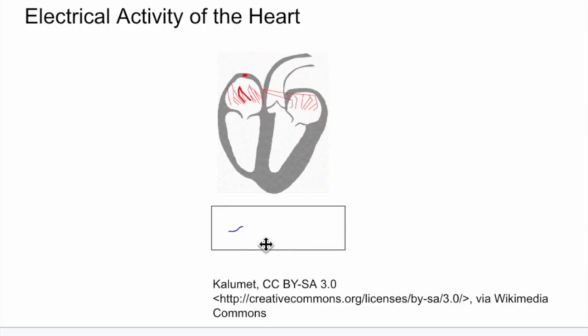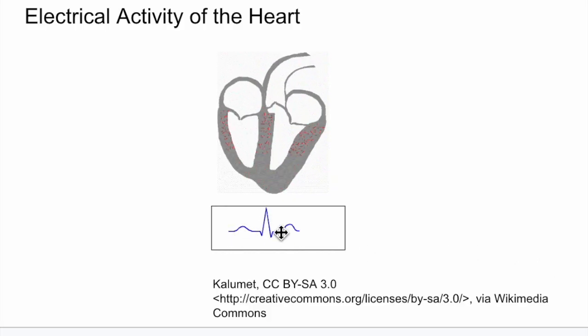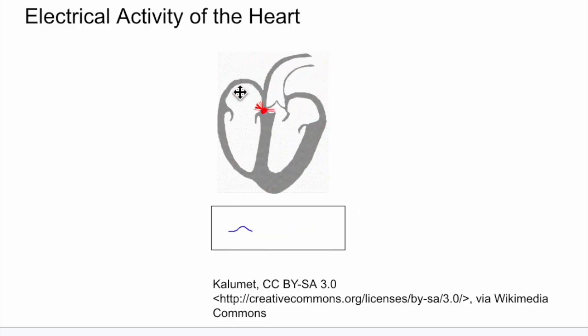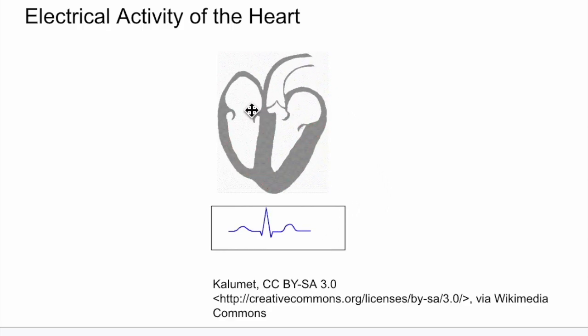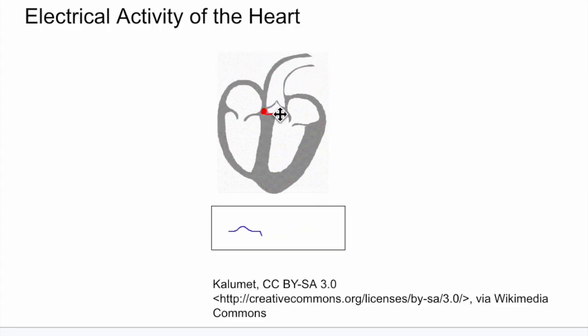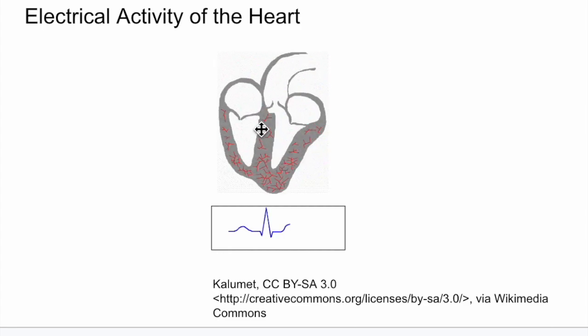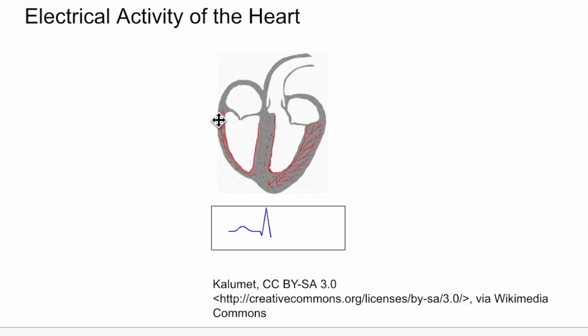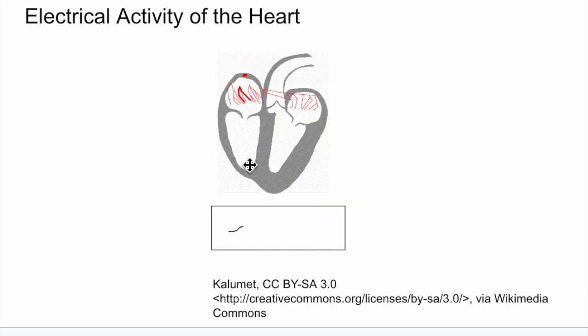So we can see the EKG here, the P, QRS, and T, and we can see what's happening in the heart. So the red is the electrical signal, and we see the atria depolarize, followed by atrial contraction. Then we have the ventricles depolarizing, followed by ventricular contraction.